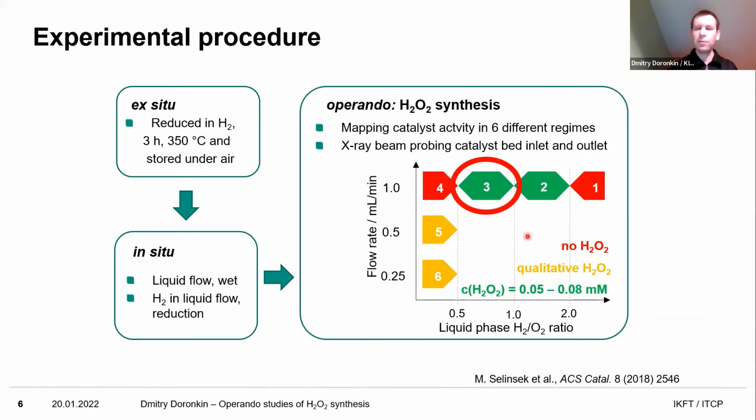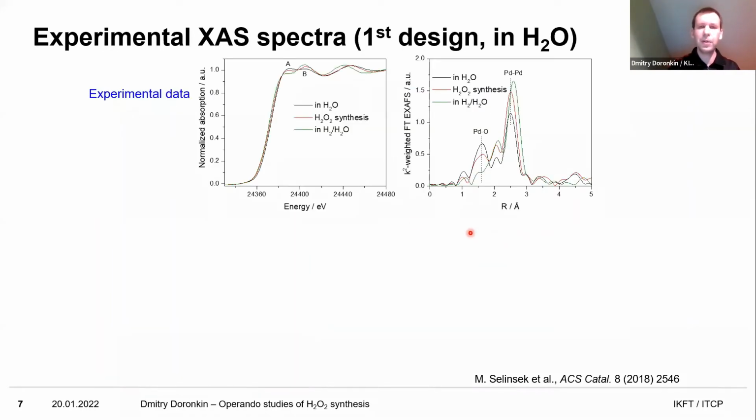And then around the stoichiometry, around 1:1 hydrogen to oxygen ratio, we got quantifiable amounts of hydrogen peroxide. The spectra looked roughly the same, so I will show only one in this part of the talk. And let's have a look at it.